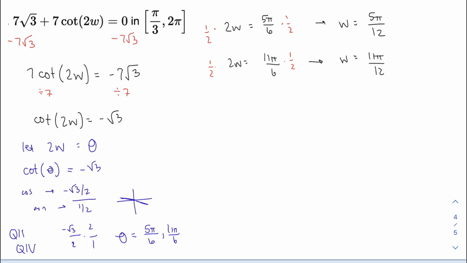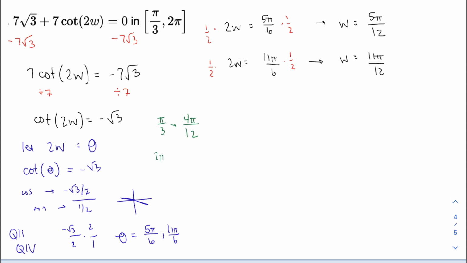When I think about 5 pi over 12, is it greater than pi over 3, right? Because my restriction starts at pi over 3. So let's take a look at pi over 3 with a denominator of 12. Pi over 3 with a denominator of 12 is going to be 4 pi over 12. So 5 pi over 12 is greater than it, so it does fit into my range.